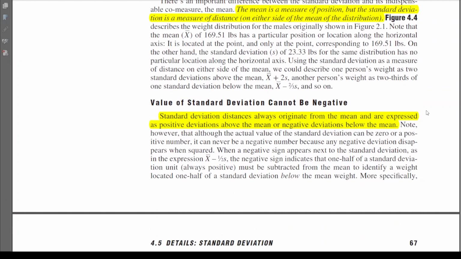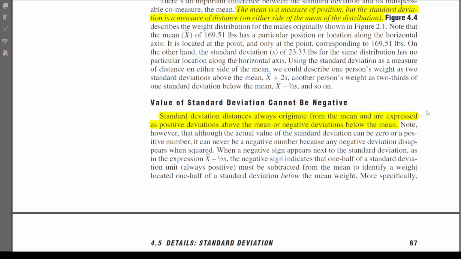The value of a standard deviation cannot be negative. Standard deviation distances always originate from the mean and are expressed as positive deviations above the mean or negative deviations below the mean. Note, however, that although the actual value of the standard deviation can be 0 or a positive number, it can never be a negative number because any negative deviation disappears when squared.